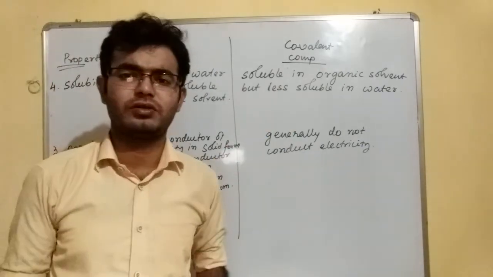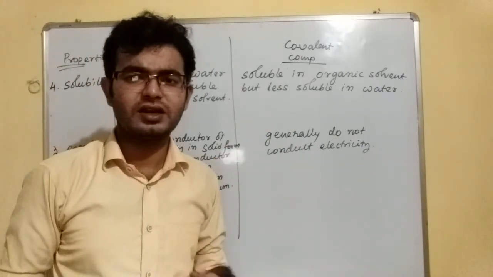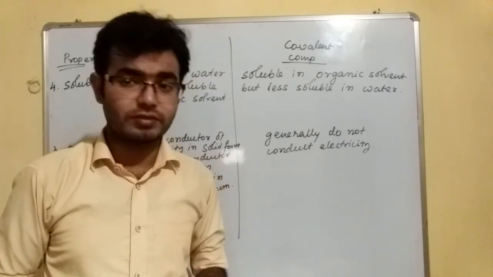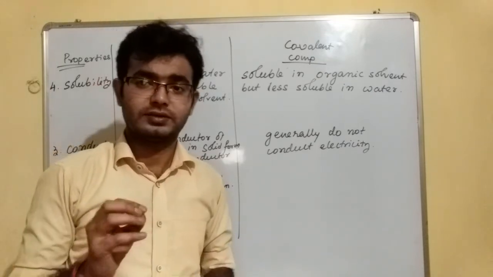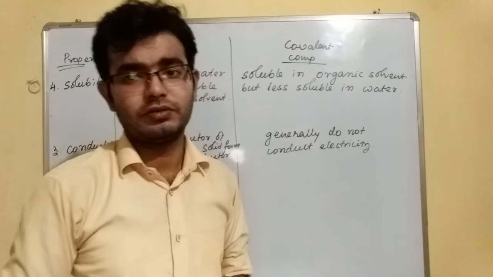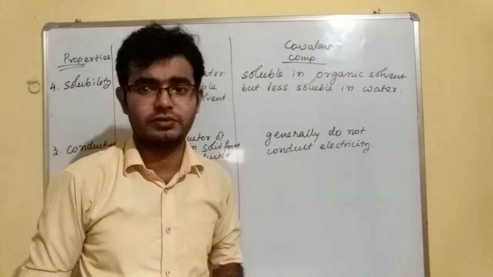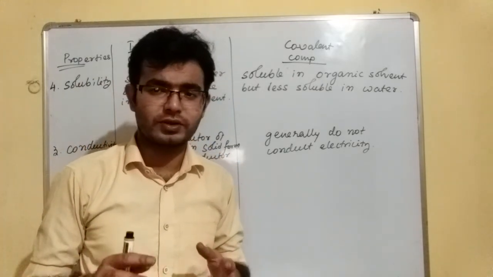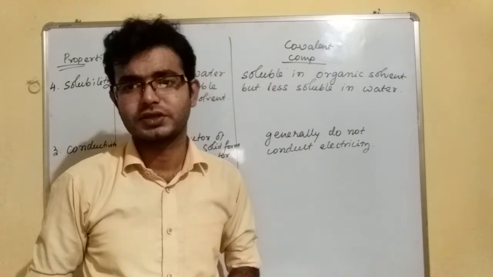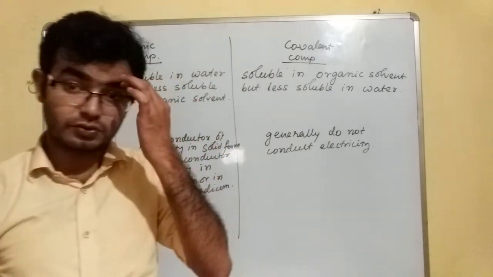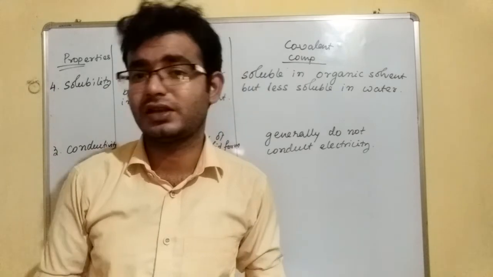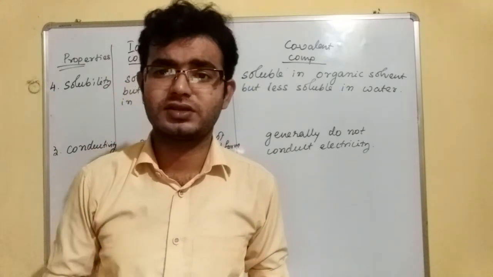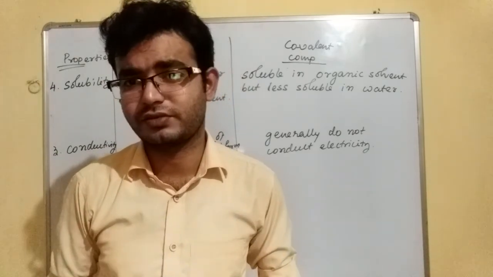You can write insoluble also, but there is a condition for covalent compounds: if the covalent compound is polar, then it will be soluble in water. Polar covalent compounds are soluble in water. I am not discussing polar covalent compounds in this class. If I get one more class, then it will be discussed in that class. Otherwise, this topic will be discussed in the next chapter.